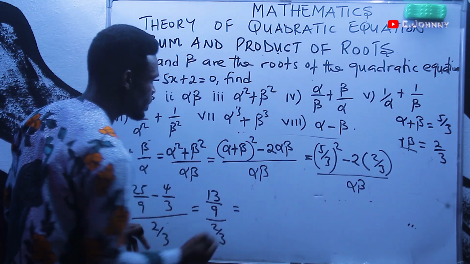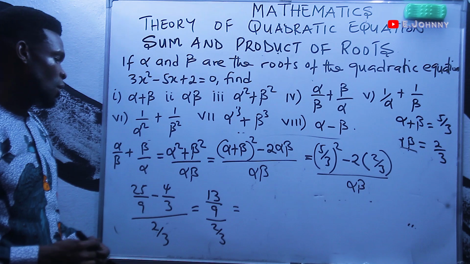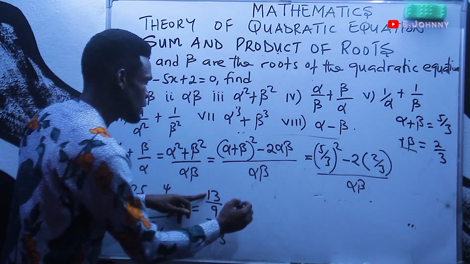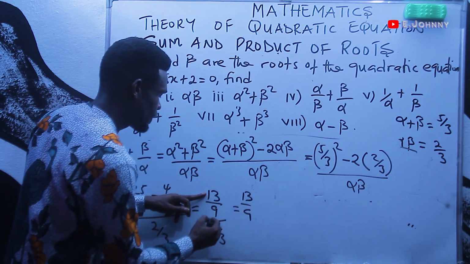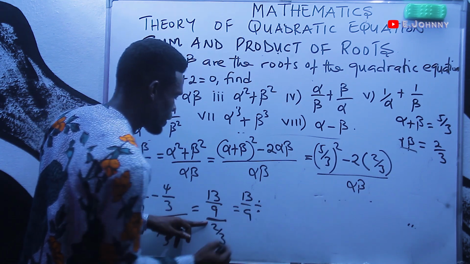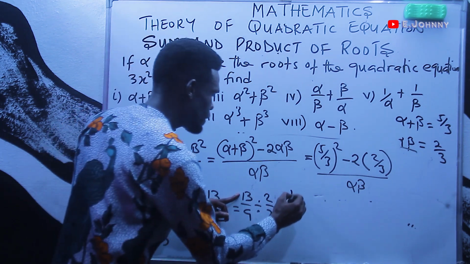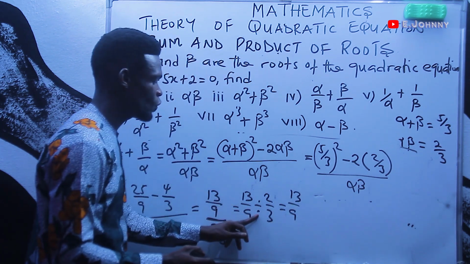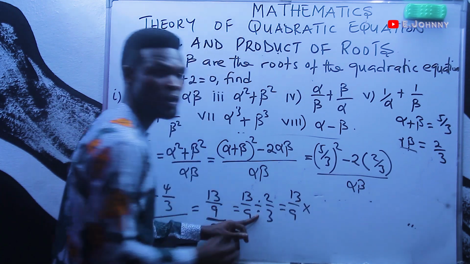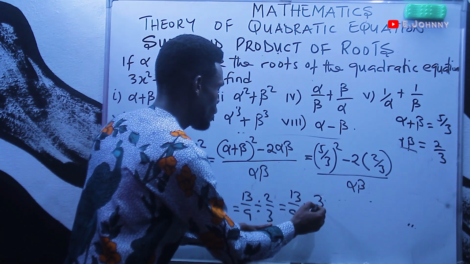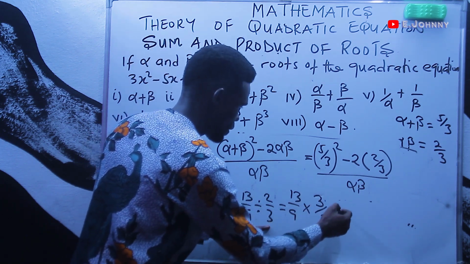You can remember from your primary 4 or 5, whatever class, that this is 13 over 9 divided by 2 over 3, which is equal to 13 over 9. Division will change to multiplication. Then you invert this fraction: 3 will go up and 2 will come down.